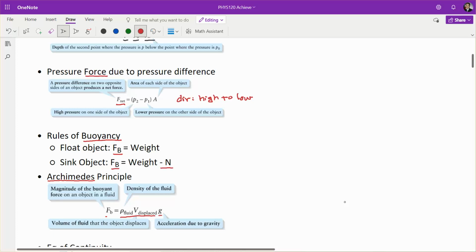This works for fully submerged or partially submerged objects. Even if it sinks down to the bottom, you use the same way to calculate the buoyancy force. It only matters what the volume displaced is and the density of the fluid. So this is what we call the Archimedes principle.